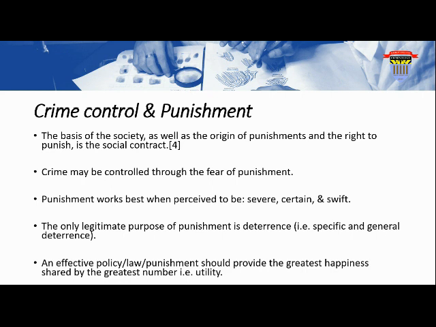Crime may be controlled through the fear of punishment. This is the idea of the classical theory, that crime can be controlled by punishment. What is the basis of this idea? Maybe it was taken from the ancient principles of the law of vengeance, the Code of Hammurabi, if I remember.